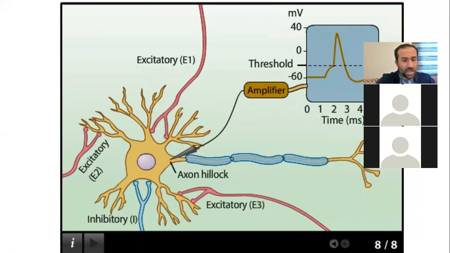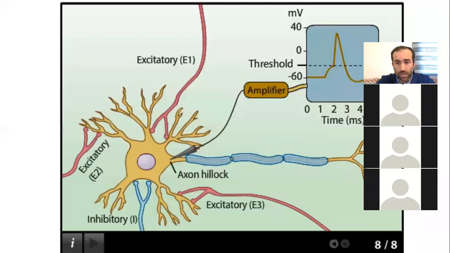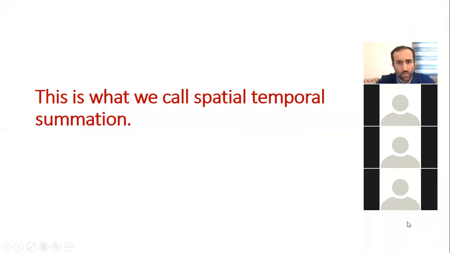And at the same time, if I'm receiving many action potentials from the same source, what is this summation called? Temporal. Because of that, in reality, the summation is spatial temporal summation. This is the summation that is done in most cases in reality in our nerve centers.